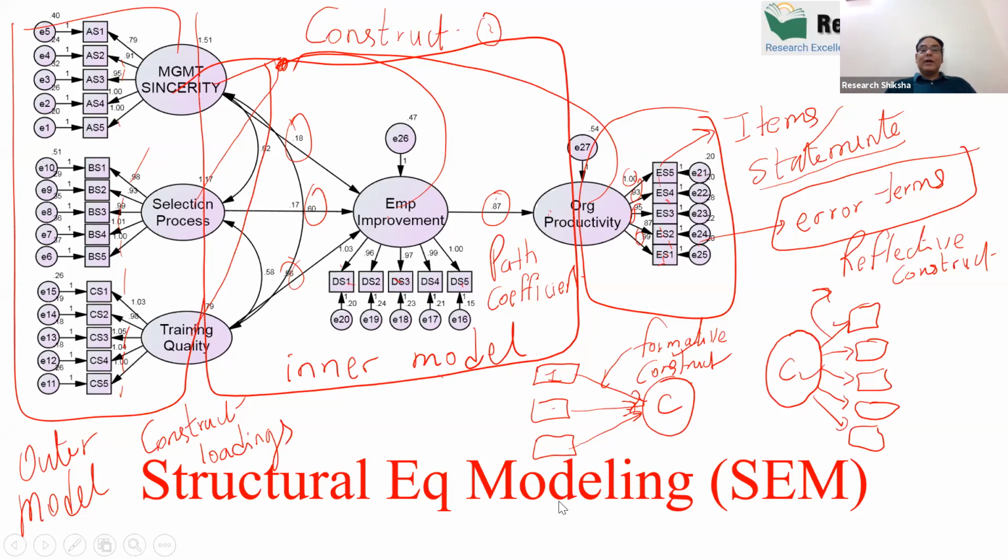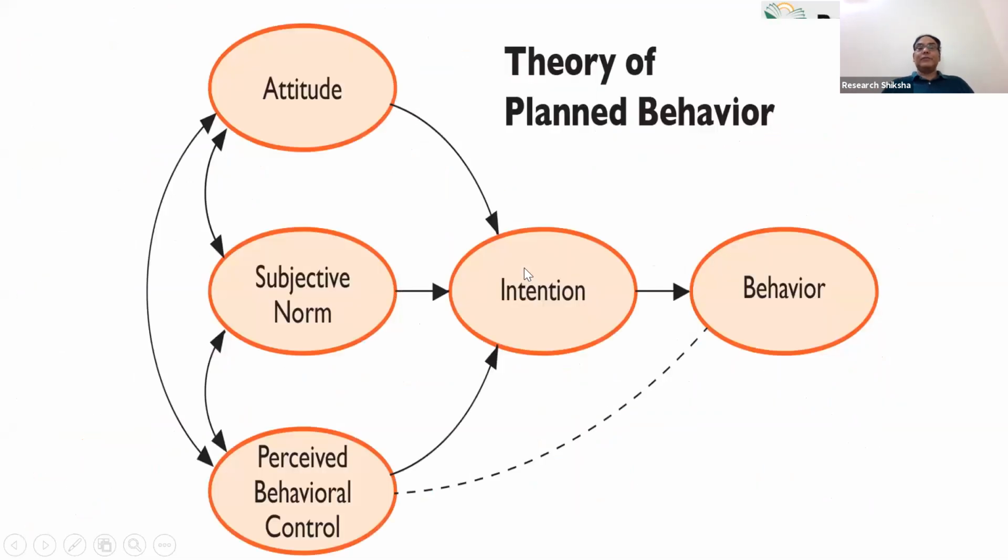Okay. Now, first of all, I want to tell you some of the theories which are very popular in structural equation modeling. The first theory, which explains consumer behavior, is the theory of planned behavior. If you are planning to study the behavior of the consumer, for example, recently I handled many projects on this.